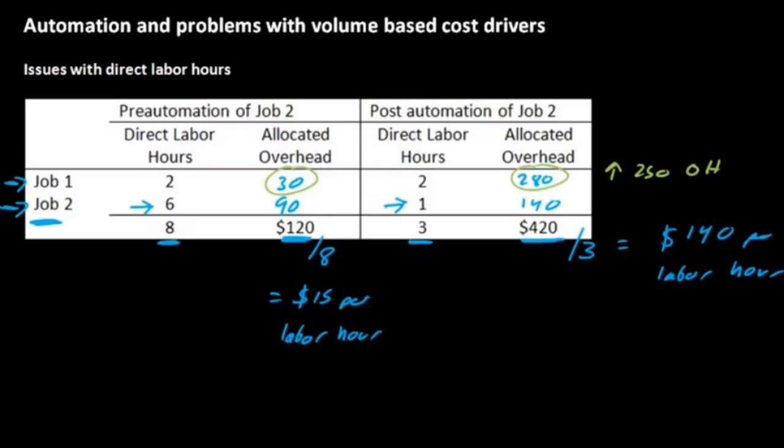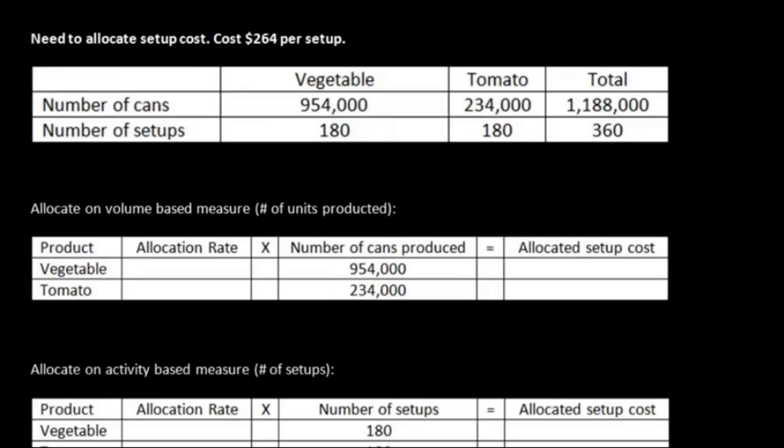And you can also see that this $250 in overhead that we have allocated to job 1 really should have been allocated to job 2, because that's where the automation occurred. So you can see how using a volume-based measure like labor hours when we have automation doesn't make sense. We need a different way to allocate this overhead. It doesn't make sense to allocate on labor hours if labor hours aren't driving the cost, and in this case they are not.